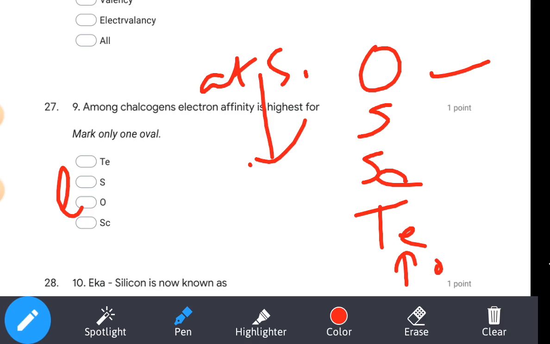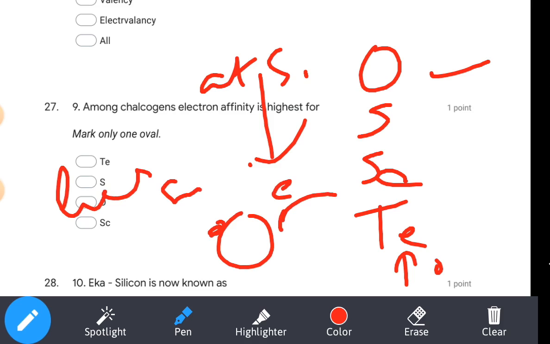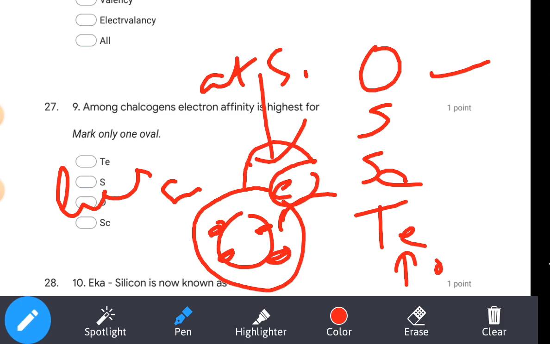Oxygen has a small size, so if you add an electron into it, since electrons are negatively charged, the repulsion will be more. Since the repulsion is more, it will not allow one more electron to be added, because the size is small and there is no place for another electron. So oxygen will not be at the first, it will be at the last.